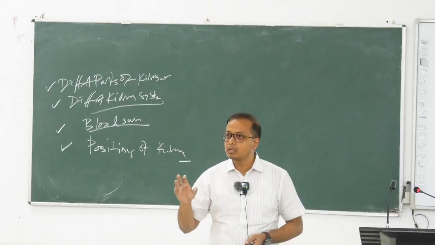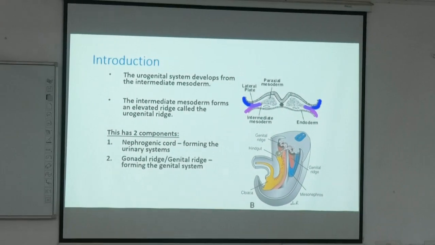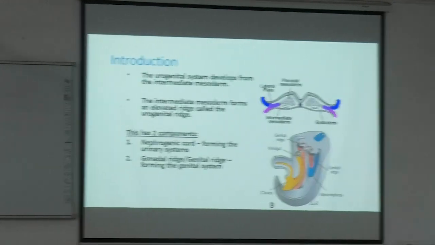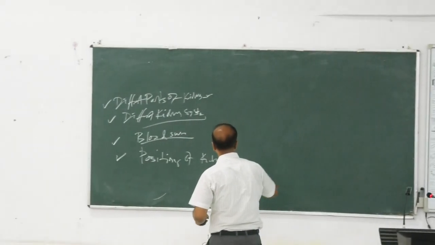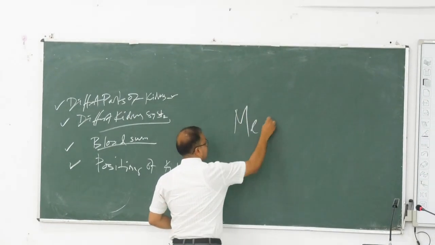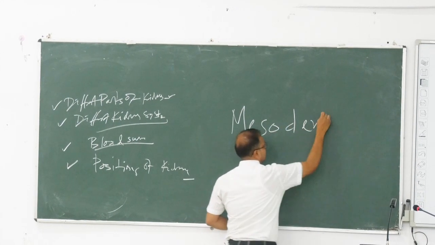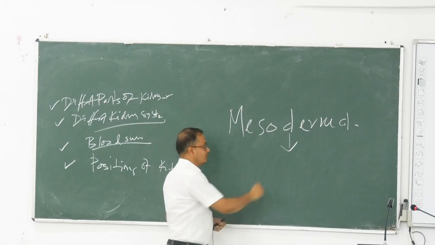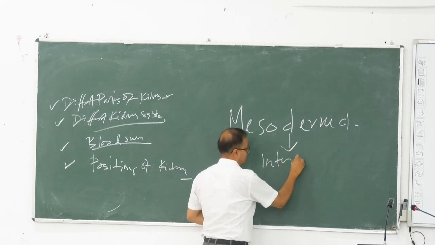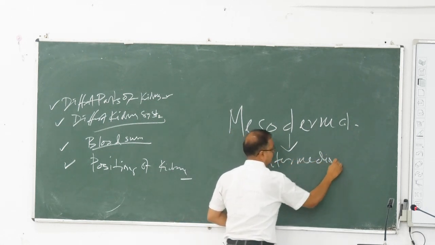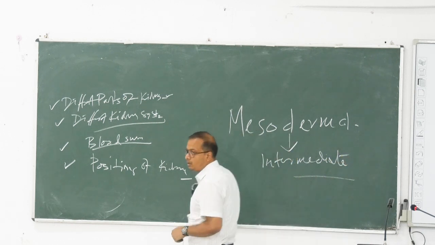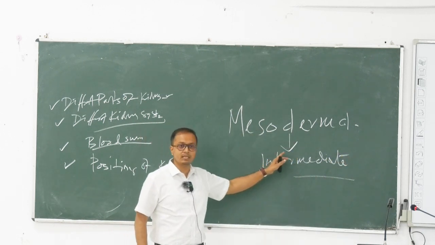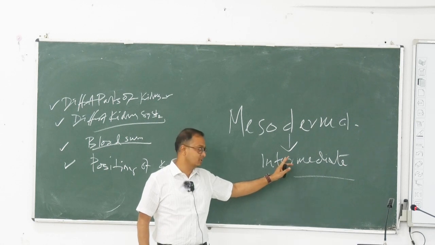This is the oldest form of knowledge of the mesodermal origin from where the kidney develops. It's mesodermal in origin, and it is an intermediate part. So, the intermediate mesoderm, from where we see the kidney developing, is the basic thing.